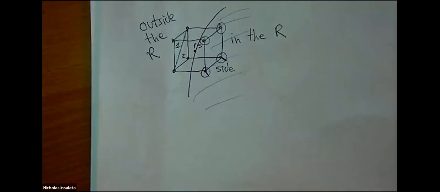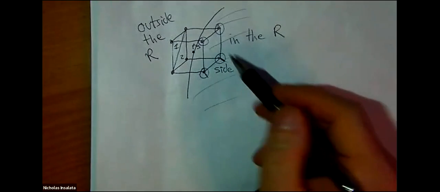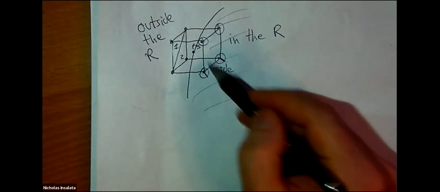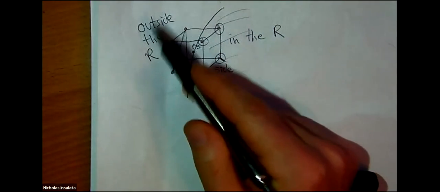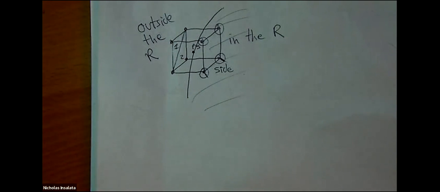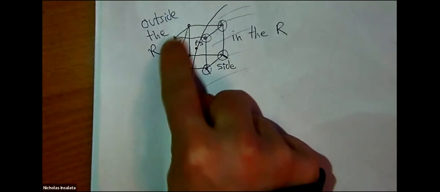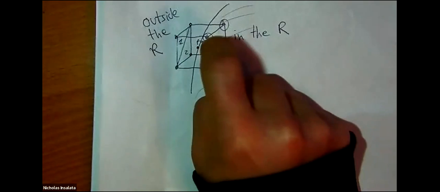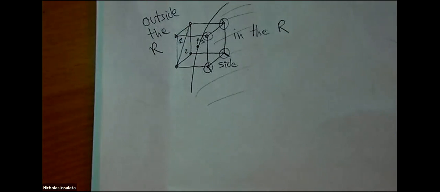Now I'm counting up how many of the 8 corners are inside the relation and how many are not. If some of them are inside and some are not, then I know that this particular cube lies on the surface of my relation.